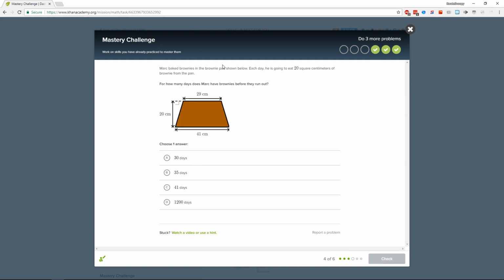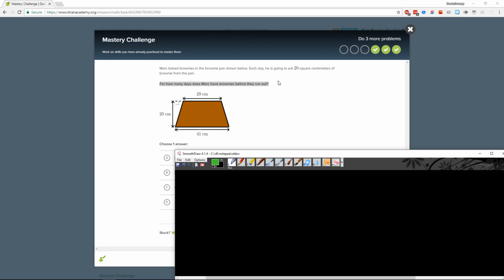Okay, bake brownies. She's going to eat 20 square centimeters each day. How many days before they run out? So 29 plus 41 is 70.